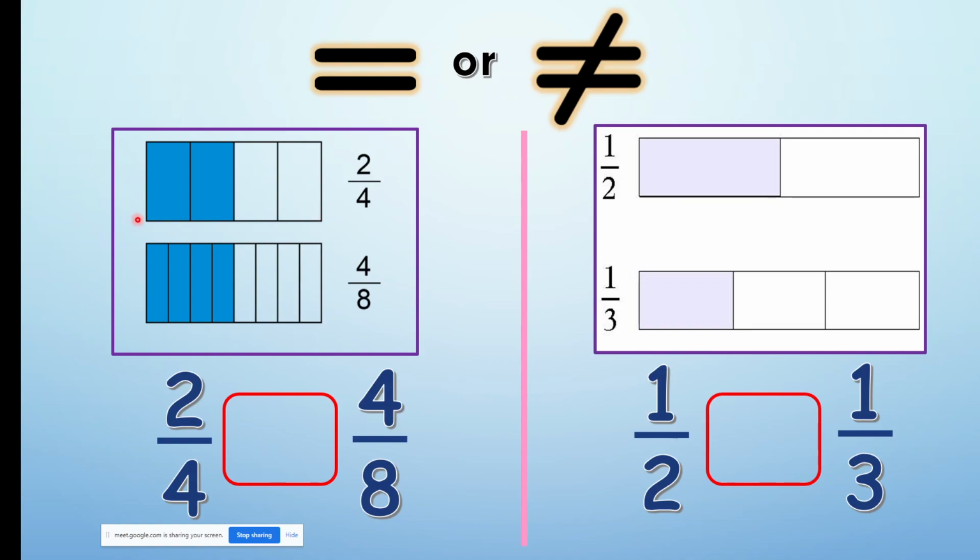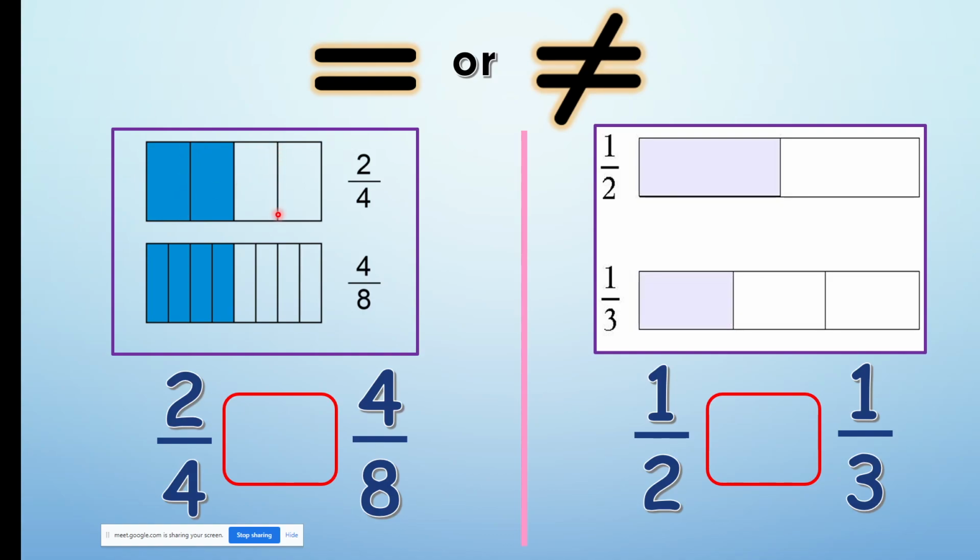Okay, now as you can see, the rectangles have the same size. Do you see? Same size. But the first rectangle was cut into 4 parts only.